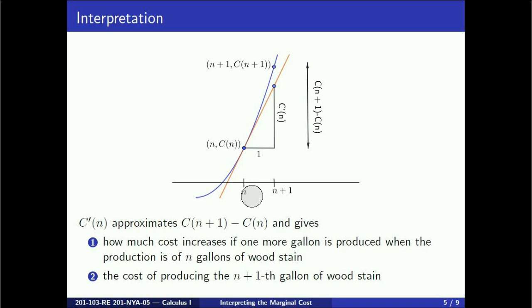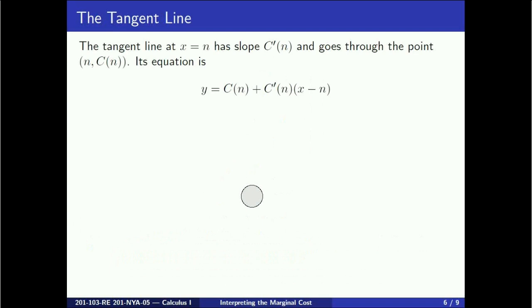We can also interpret the derivative using the tangent line, or more precisely, a linear approximation. The tangent line at x equals n has slope C prime of n and goes through the point n, C of n. Its equation in point-slope form is y equals C of n plus C prime of n times x minus n.